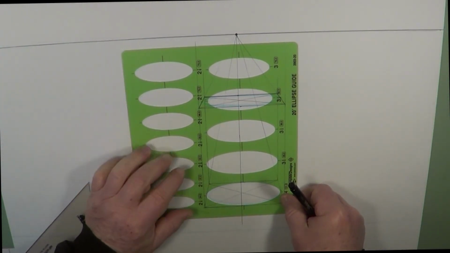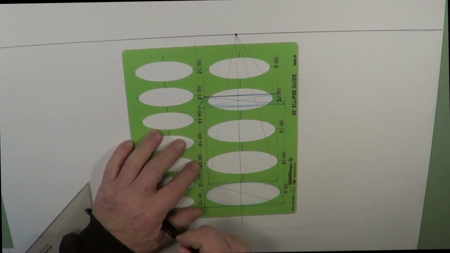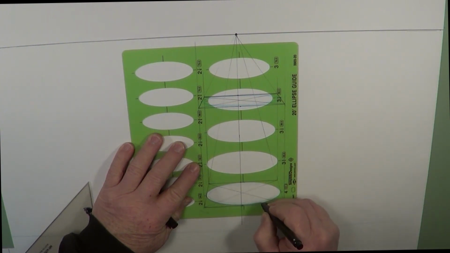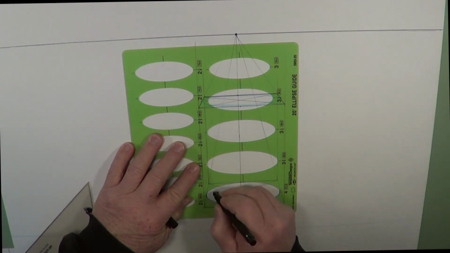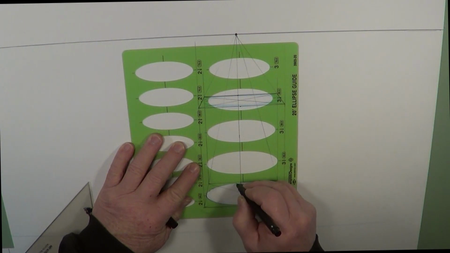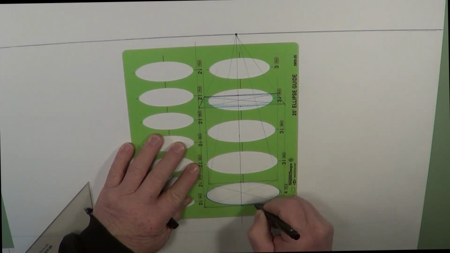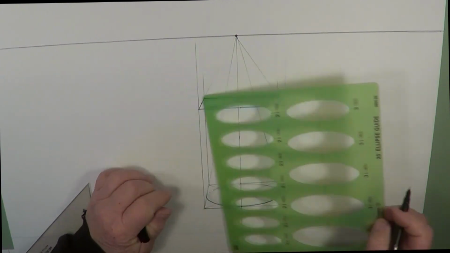Now, as you can see from what I was saying in the first part of this, when it comes to drawing these things, if you don't have ellipses that fit, let's say for instance this was a 22-degree ellipse or a 23, you'd be kind of stuck.